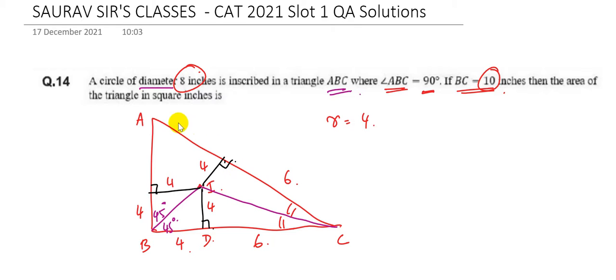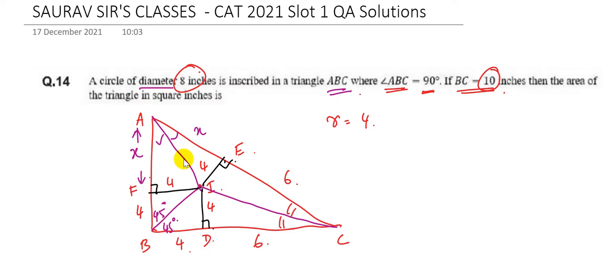So that means if I name this point as E and this as F, so now I can see that if I take this AF as X, then this will also be X by the same logic. If you join, these two triangles will become congruent.